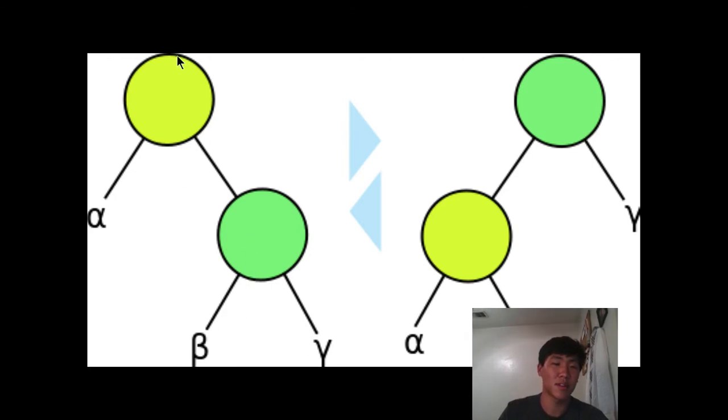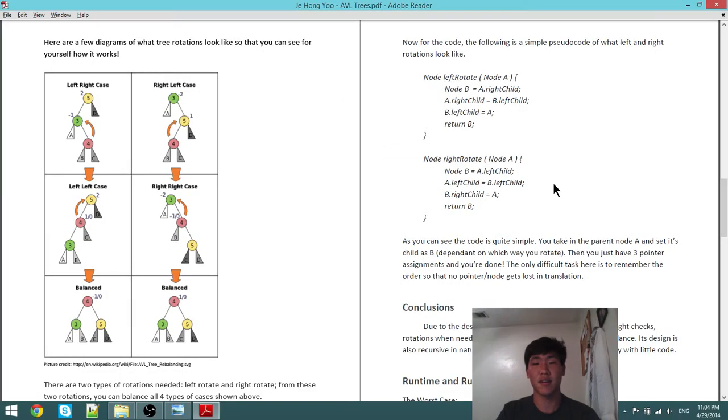This would be pointing to that, and then A's right child would be reassigned to beta, and B's left child would be assigned to A. So there we have the left rotate, and all it is is just 3 pointer changes.